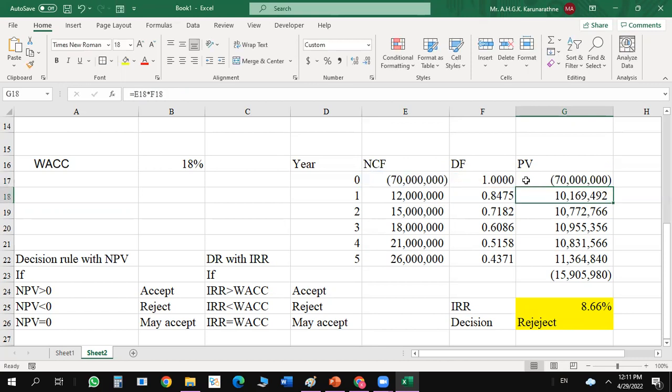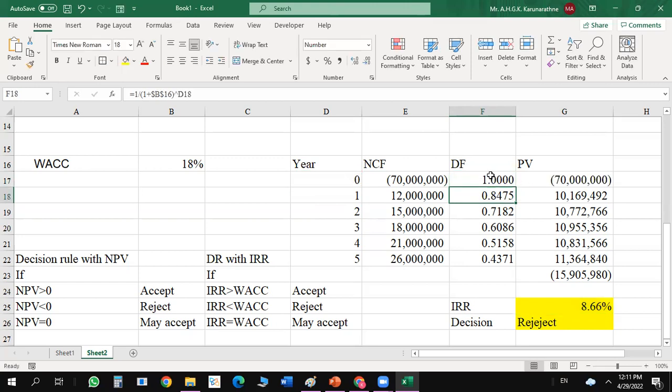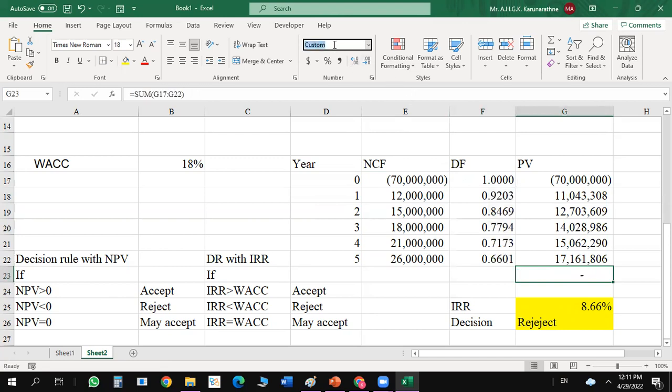Let us find the discount factor again: 1 divided by open bracket 1 plus R, fix it with F4, close the bracket, and to the power of the period. Then okay, drag it down. Now it is clear: the NPV becomes 0.